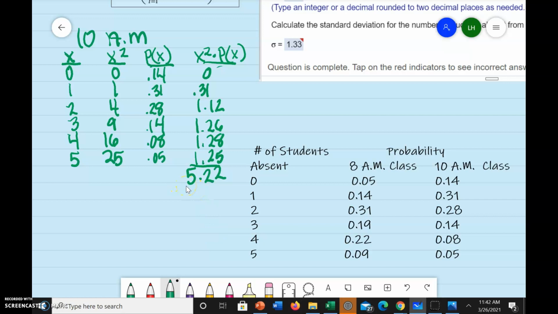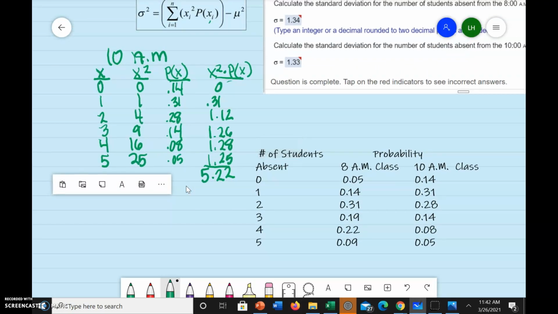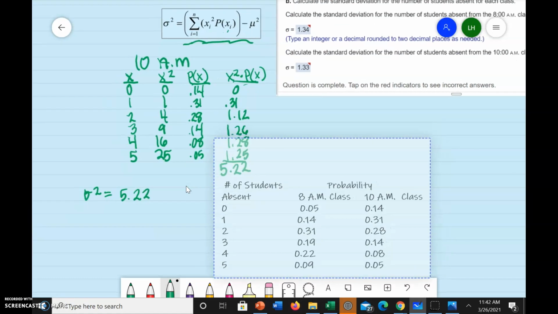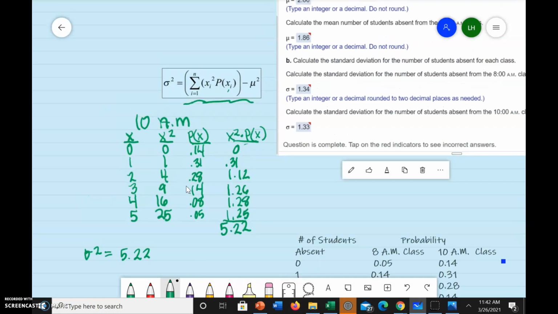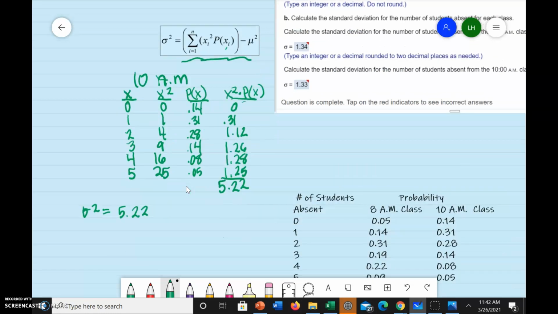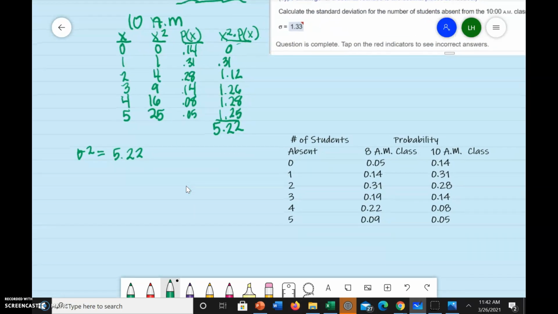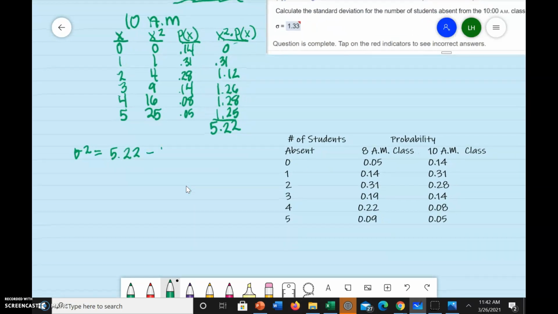Now we need to finish. We did the parentheses for the variance formula. We need to subtract the mean, and the mean for the 10 a.m. class, if we look at that, is 1.86. So we are going to subtract 1.86 squared.